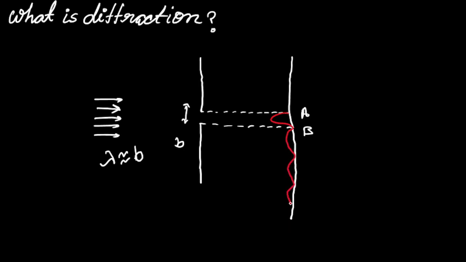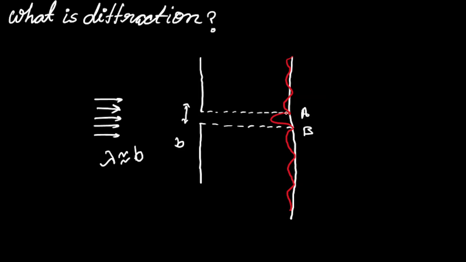At some points intensity will be maximum, at some points intensity will be minimum. It's also observed that the narrower you make the slit, the more energy will spread into the geometrical shadow region. This phenomenon is called diffraction.